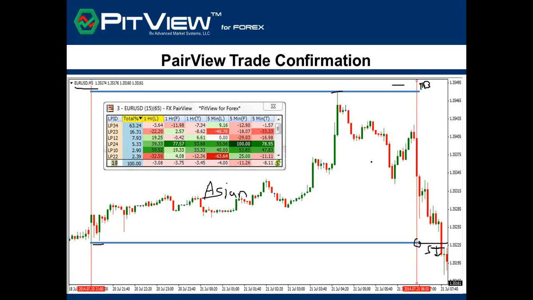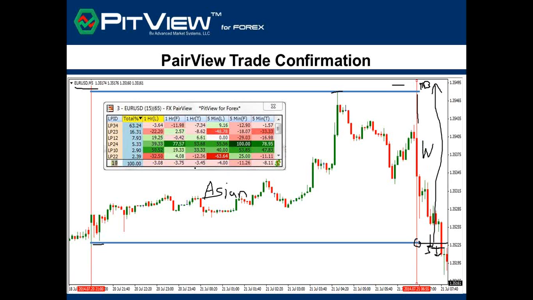But what often can occur when the London traders open the market on this red line is that they'll bring it down, they'll break the price into a new low, and then they'll come right back up and break it up into a new high. And even though this is a great system to trade, that would be what's called a whipsaw.